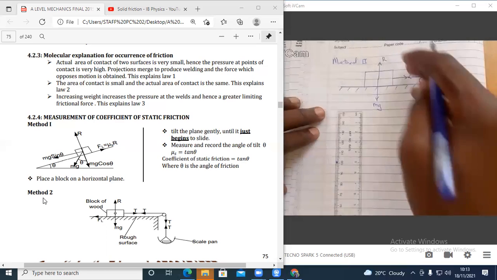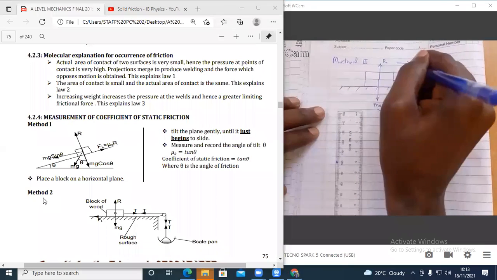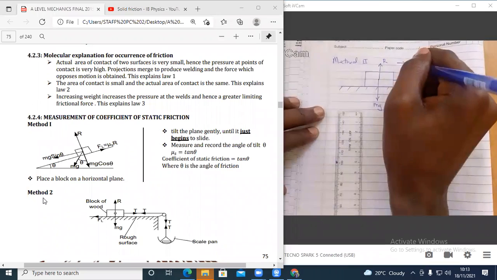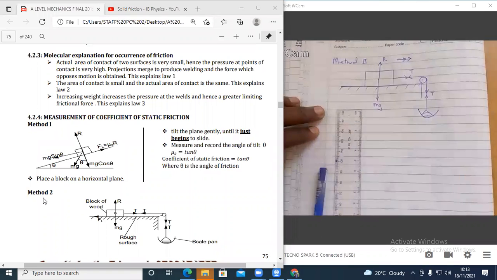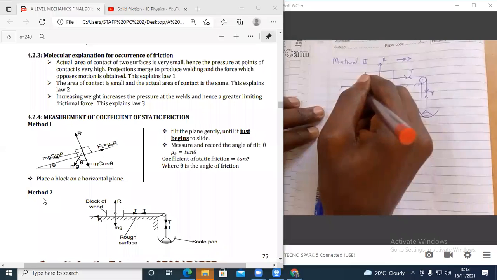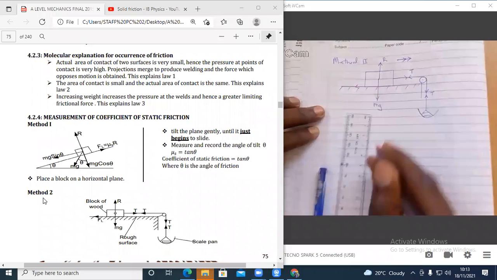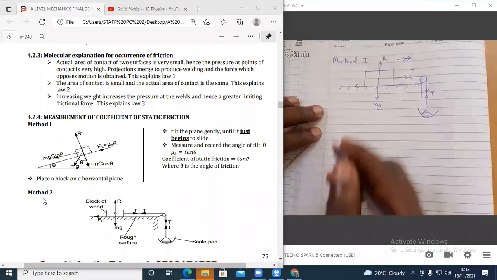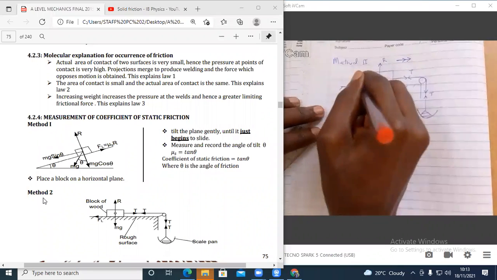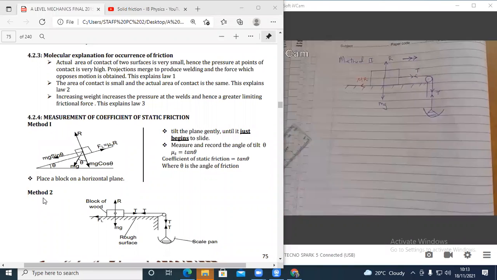This thing will move in this direction, so it will slip in that direction, which means the frictional force will be this side. They must be in opposite directions. So this is our frictional force.